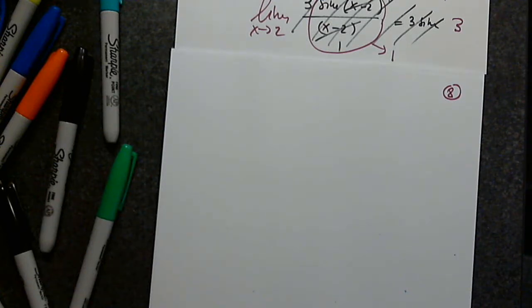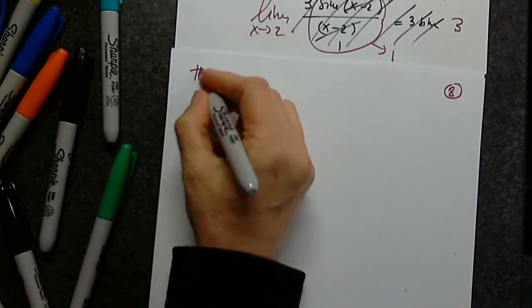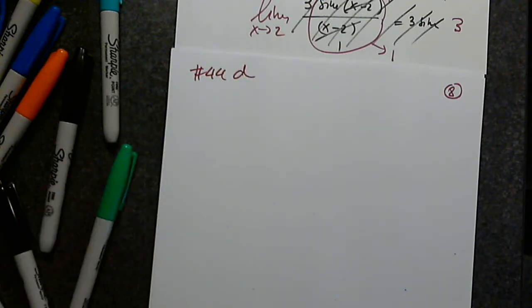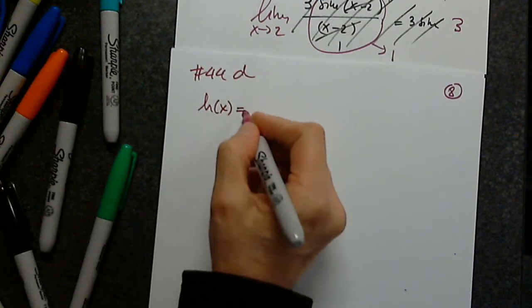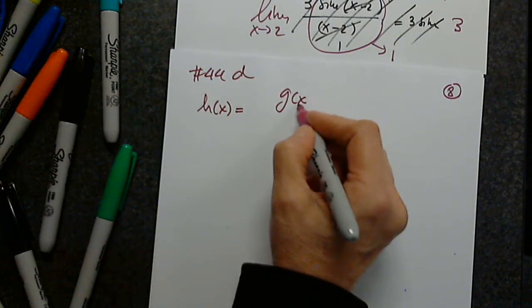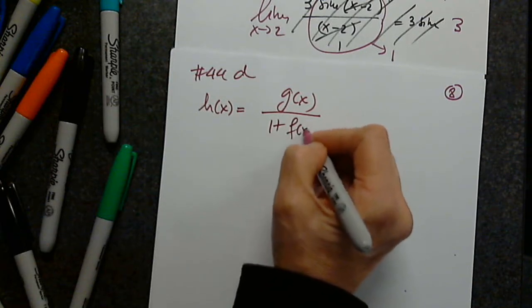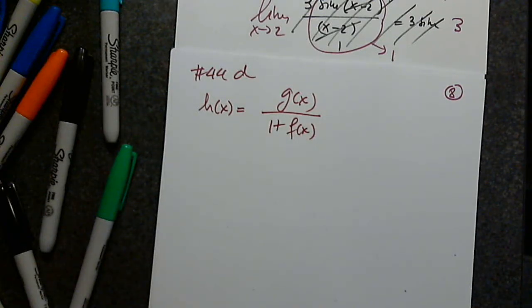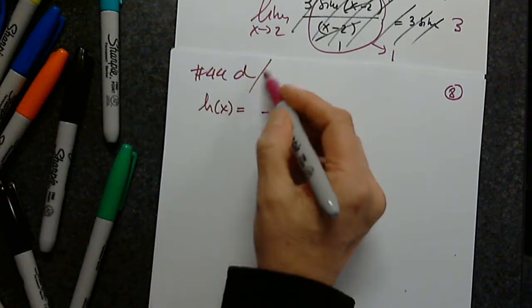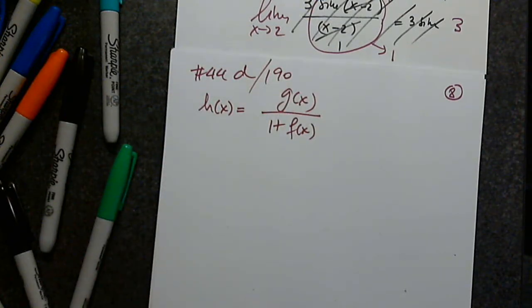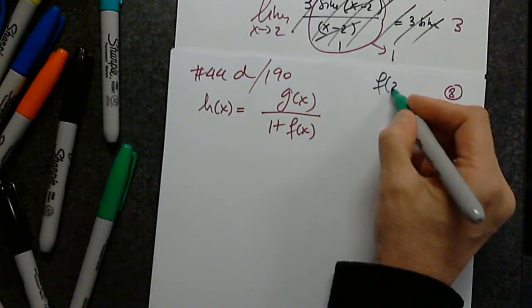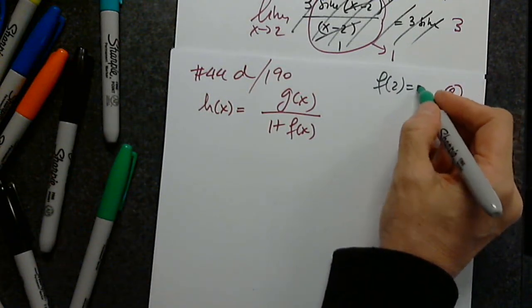Okay, if you don't want to choose, I will choose 44D. That is h of x equals g of x divided by 1 plus f of x. 44D, D as in dog, on page 190. We're given a bunch of information, and suppose that f of 2, so I'm going to write them on the side, f of 2 is -3.